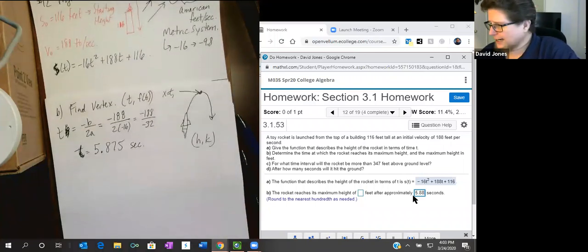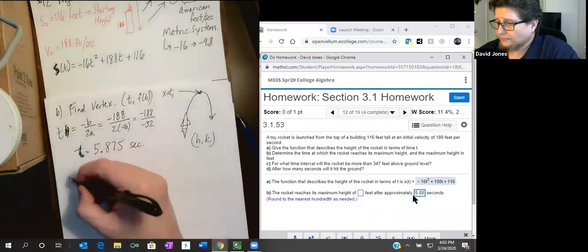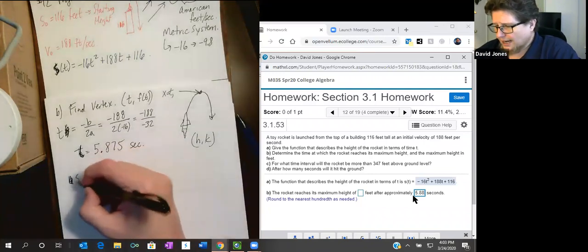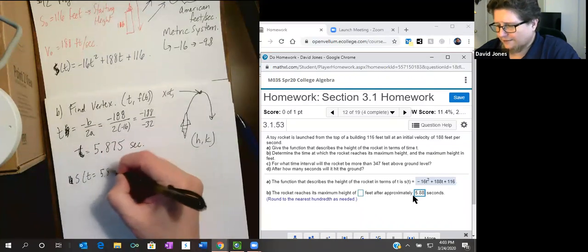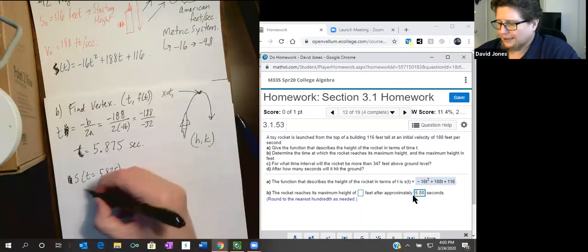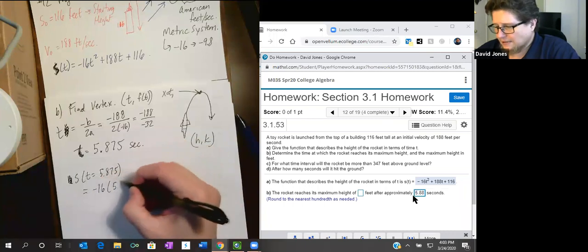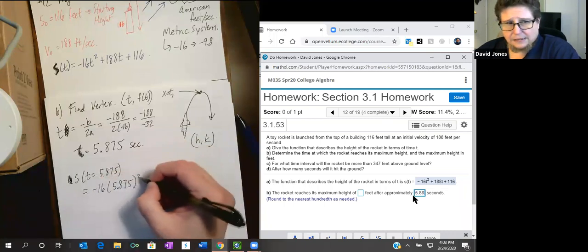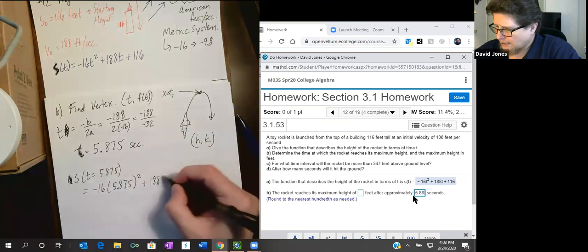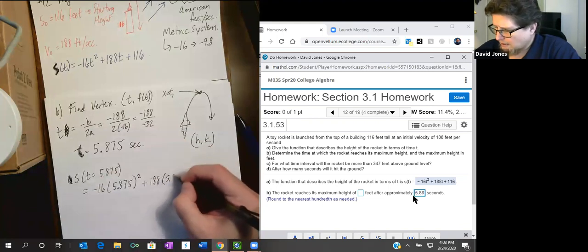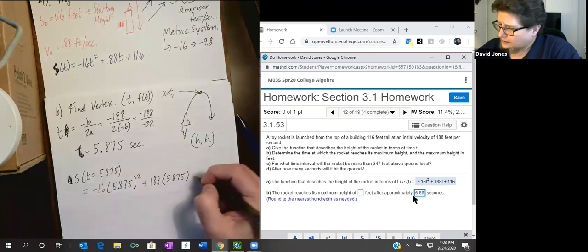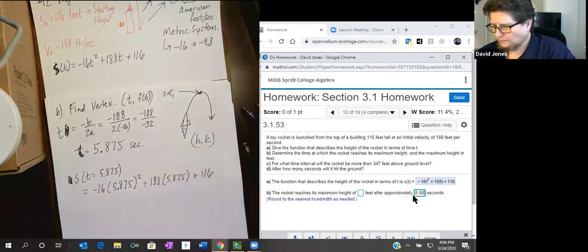What is its maximum height? S of t equals 5.875. You really have to plug it in. So I'm just working on the calculator stuff right now.